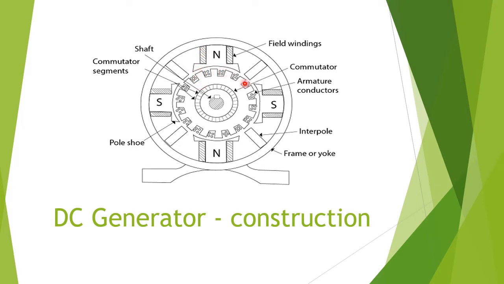Now this part is the armature. In the armature, this part is the teeth, and this is the slots. In the slots, the armature windings are wound. At the center, the commutator is present, and this is the shaft. These are all the parts.